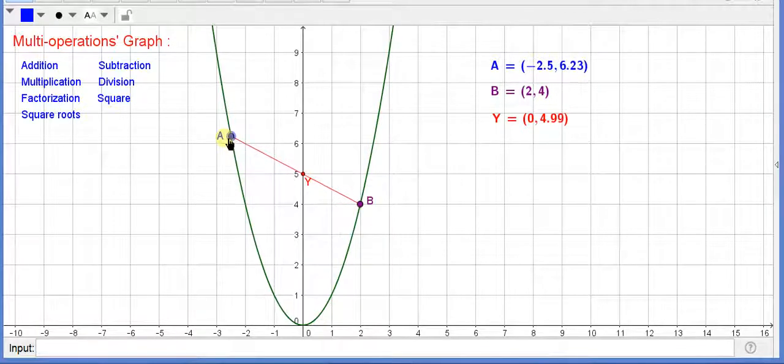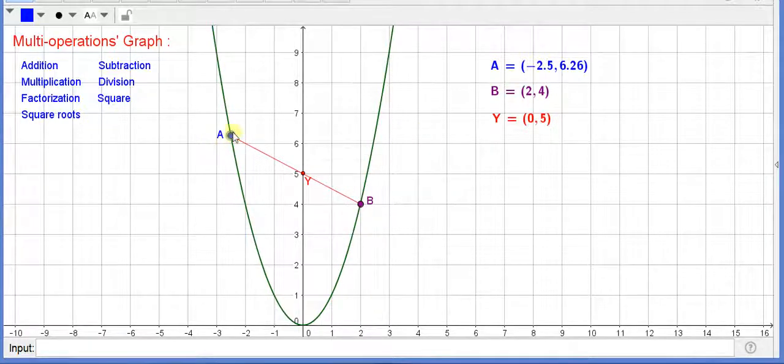Now the value of this is clearly 2. 2.5 into 2 is equal to this y, with 2.5 the x coordinate of point A, and this 2 is the x coordinate of point B. The product of these two numbers will give the y coordinate of point Y. So in this way we can learn.